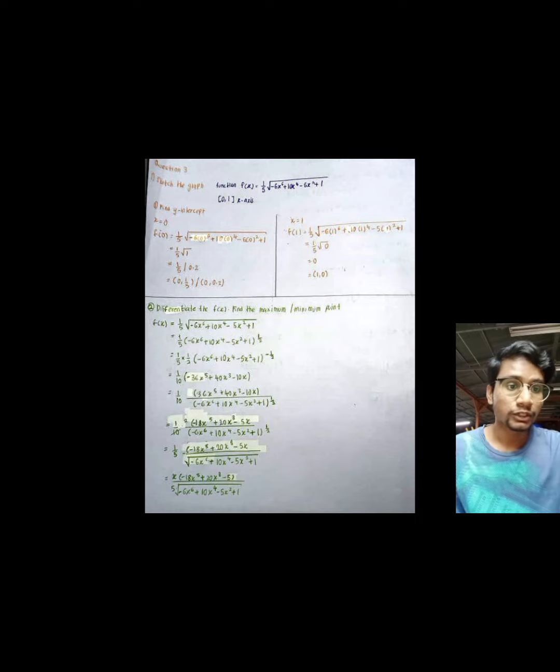So we do that calculation. Finally, we get f'(x) = x(-18x^4 + 20x^2 - 5) over 5√(-6x^6 + 10x^4 - 5x^2 + 1).